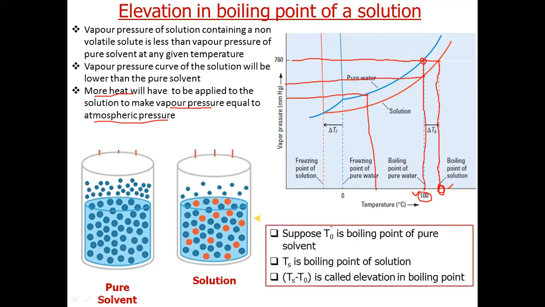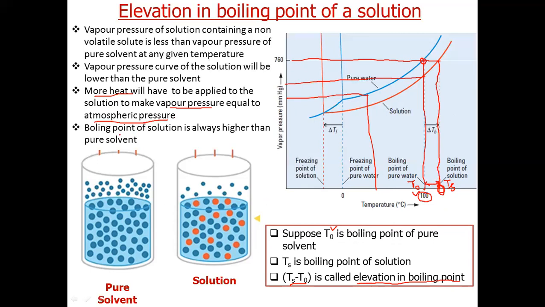Suppose T naught is the boiling point of pure solvent. Let us denote this point as T naught. And Ts is the boiling point of the solvent in solution. Let us denote this Ts. So this difference Ts minus T naught is called elevation in boiling point. This difference in the temperature is the elevation in boiling point of solvent in solution.